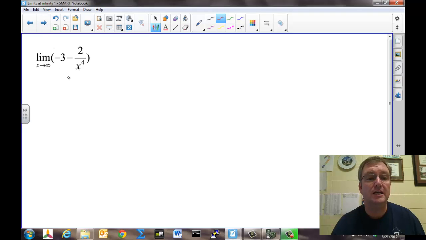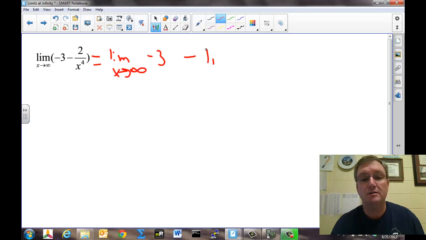So let's look at an example. When we look at this problem here, we've got a number minus another number. So let's first of all break it up into two different algebraic expressions. We can say it's the limit as x approaches infinity of -3 minus the limit as x approaches infinity of 2 over x to the 4th.